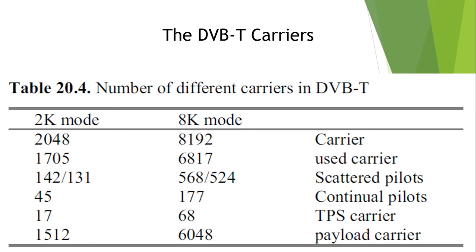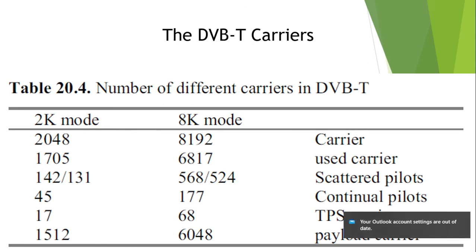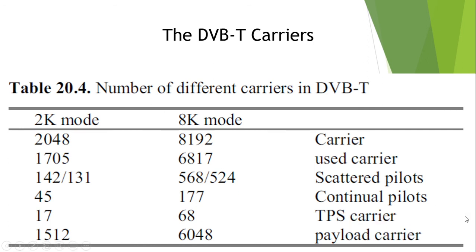The rest are 568 scattered pilots, 177 continual pilots, and 68 TPS carriers. As before, the number 524 must be used for scattered pilots in calculating the payload carriers, since sometimes the scattered pilots will coincide with the continual pilots.